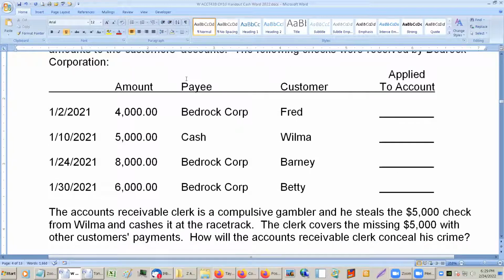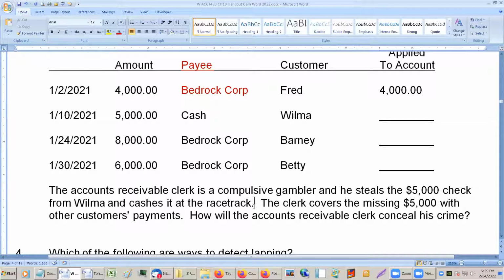So the check is made out to the payee, and you'll notice that it's made out to Bedrock Corporation. Okay, so Fred sent a check for $4,000 applied to the account. We'll put the whole $4,000 to the account. Now down here, the accounts receivable clerk is a compulsive gambler and steals a $5,000 check from Wilma and cashes it at the racetrack.